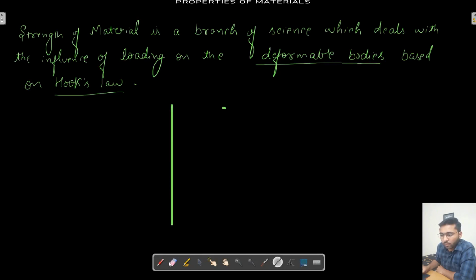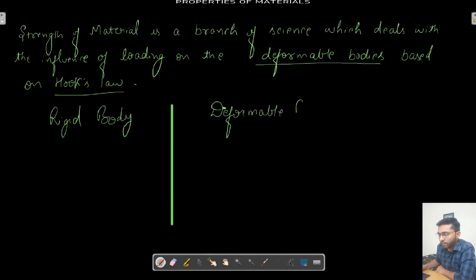I'm writing here a rigid body, and here a deformable body. So what is the difference? It's quite simple. A rigid body does not show any kind of deformation. It does not show any kind of change in the length or the volume.